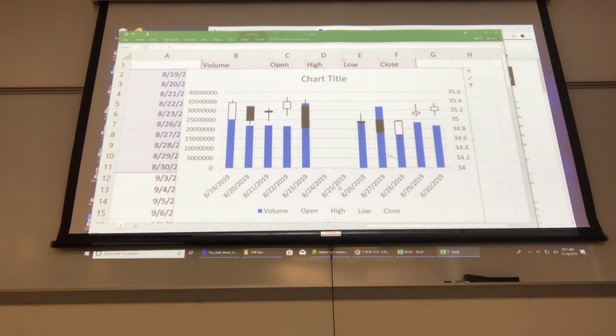And I want to see what is happening in that particular case. I put the title. This is AT&T, and I want to know what is happening for August 24th and 25th.